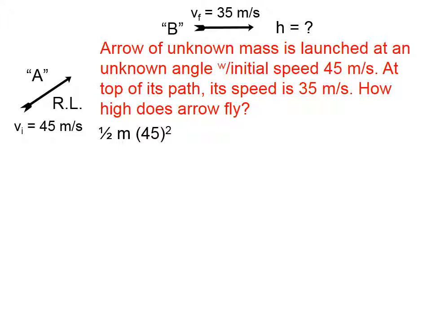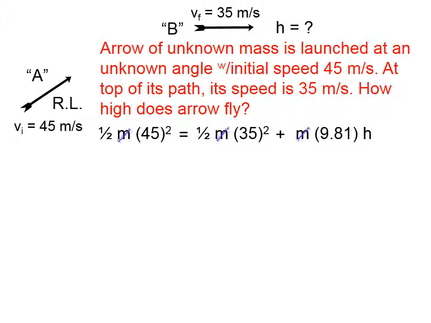So the kinetic energy, 1/2 m times 45 squared, is all the mechanical energy this arrow has in snapshot A. In snapshot B, it has some kinetic energy equal to 1/2 times m times 35 squared, but it also has now some gravitational potential energy equal to m times g times h. Those two quantities of mechanical energy must be equal to each other.